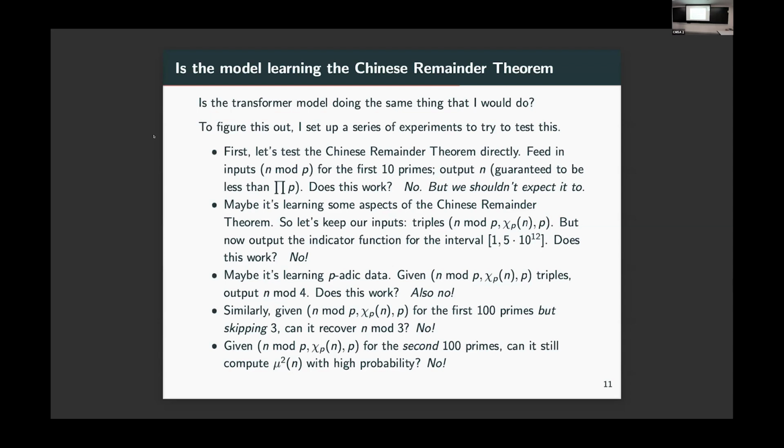So it's not doing some sort of approximation in the Archimedean sense of what the Chinese remainder theorem would give. Okay, well maybe in the p-adic sense. So if I give you n mod p, can it determine what n mod 4 is? No, it turns out it can't actually extend this any further.